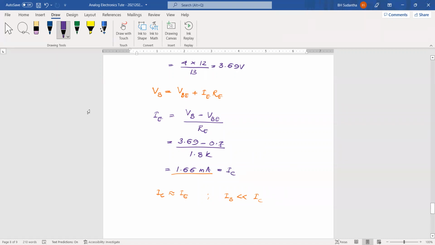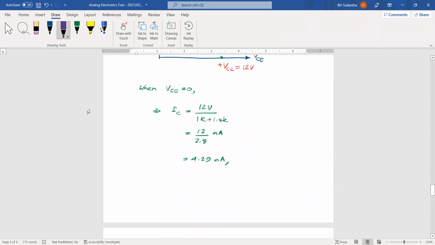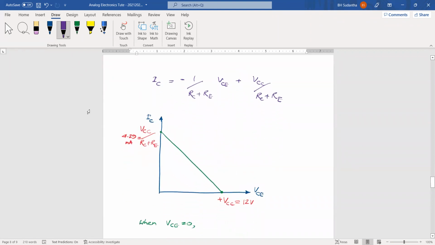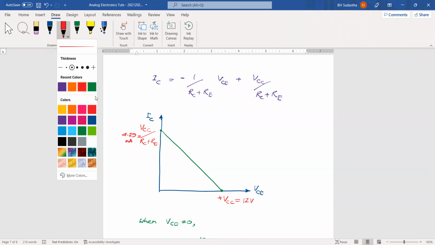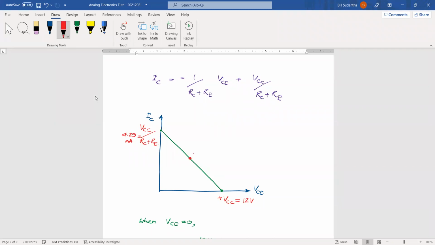Okay, then we can mark this one there: 1.66 milliampere, and this is the Q point.